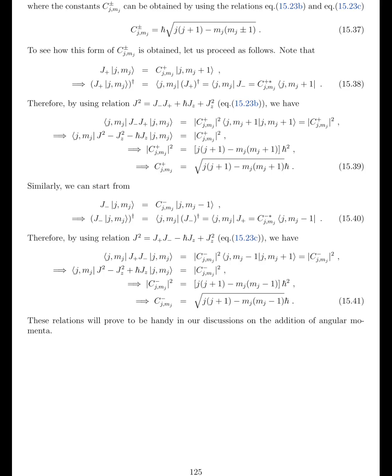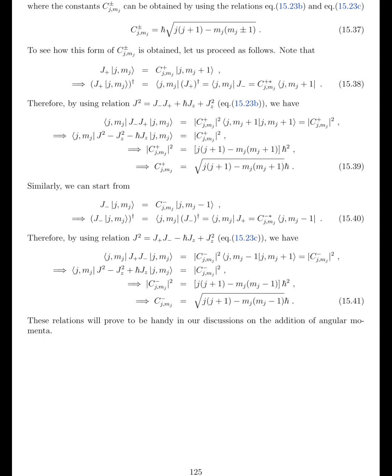Let's look at j plus. J plus acting on this state is a definition. I say that it's this coefficient times the next angular momentum state. So this is the action of the elevator operator. Now if I take the Hermitian conjugate on both sides, it corresponds to the action of the Hermitian conjugate j plus dagger acting on the bra.